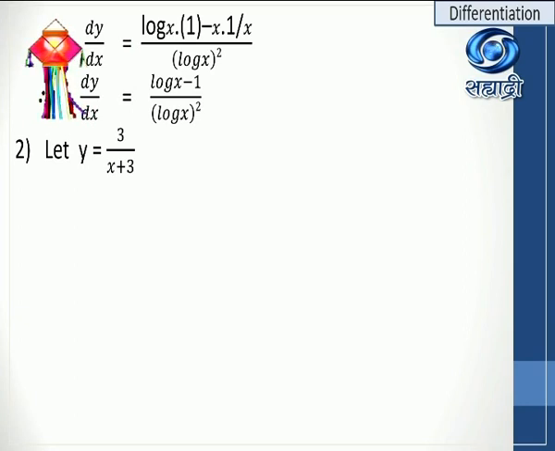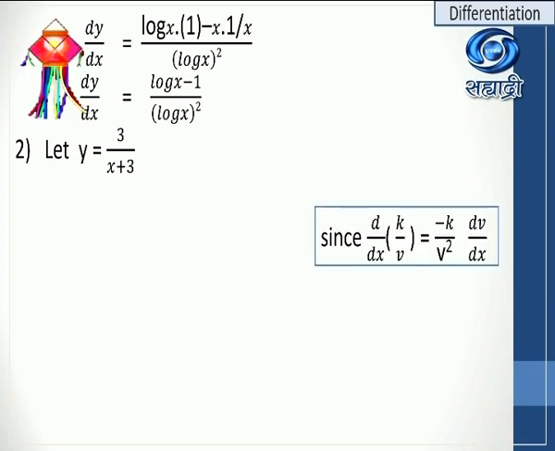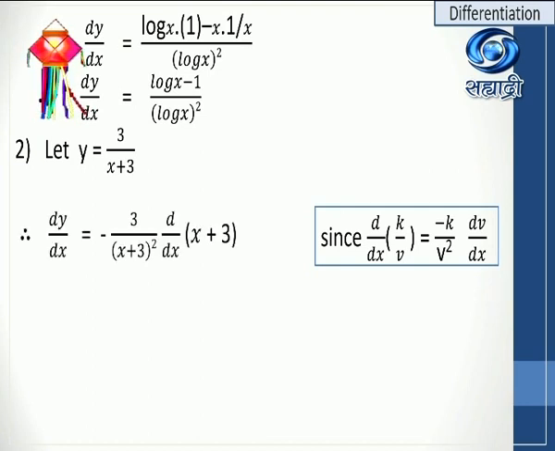Second example, let y is equals to 3 upon x plus 3. We have seen this result. Derivative of k upon v is equals to minus k upon v square into dv by dx. So by using this result, here dy by dx is equals to minus 3 upon denominator square. V square means denominator square, x plus 3 whole square, into derivative of denominator, that is x plus 3.